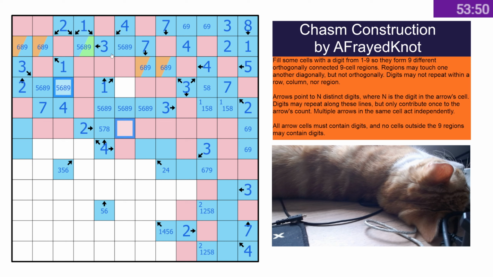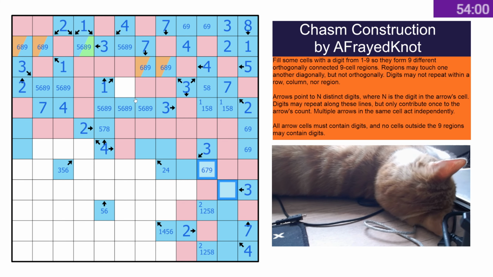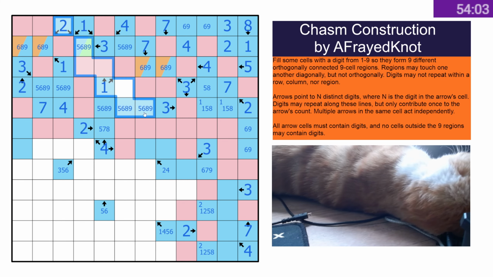How many regions we've got? 1, 2, 3, 5. And still can't really say anything about this little 2 diagonal.